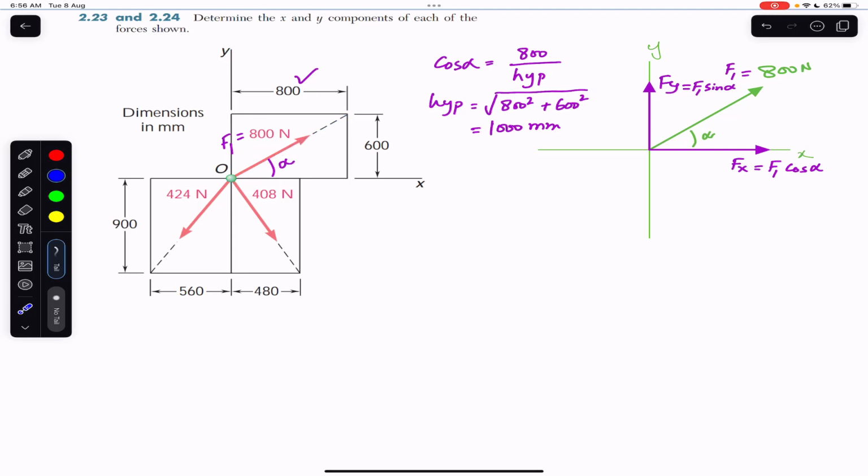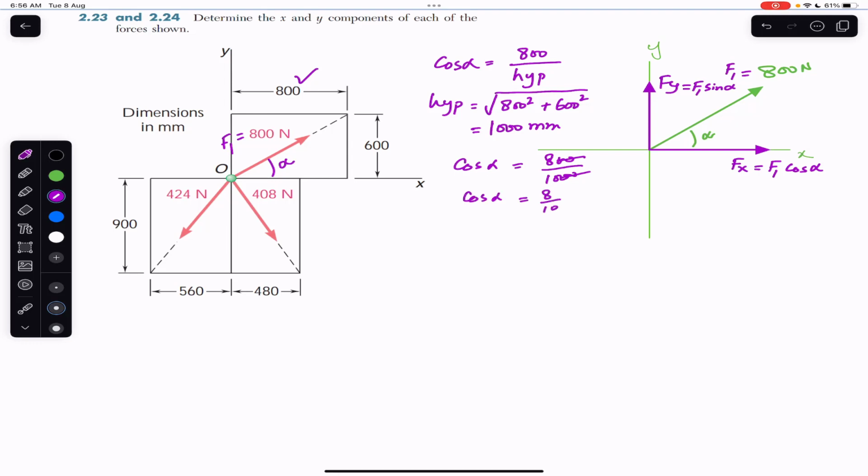Now we can find the cos of alpha. The cos of alpha will be 800 divided by the hypotenuse length, which is 1000. So cos of alpha is 800 divided by 1000, this will cancel out, so this is 8 divided by 10.